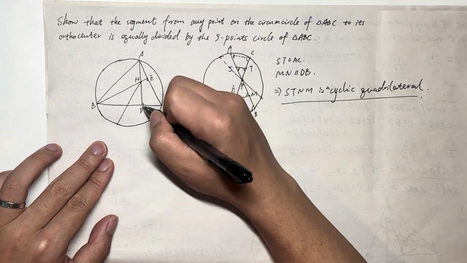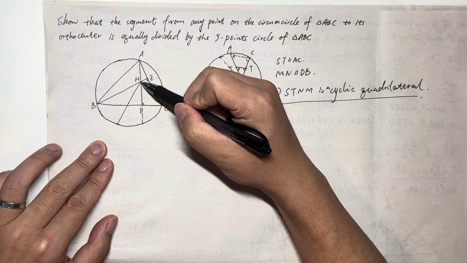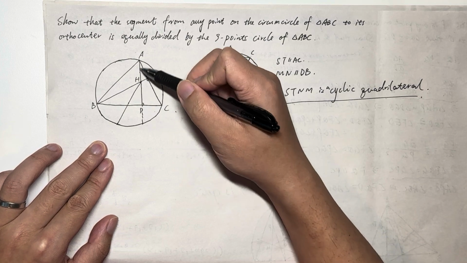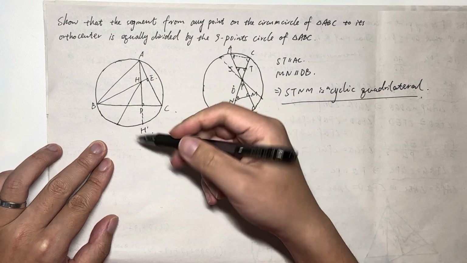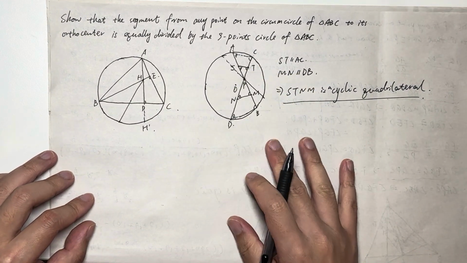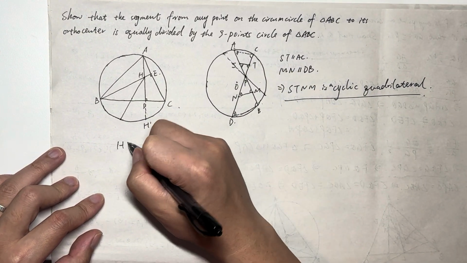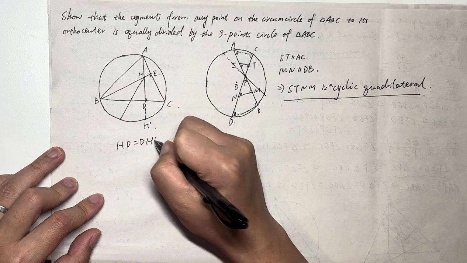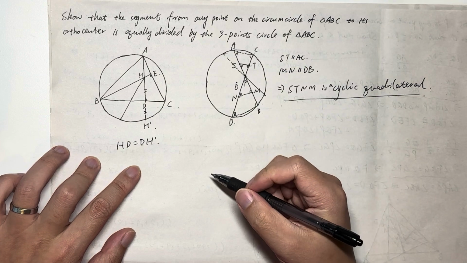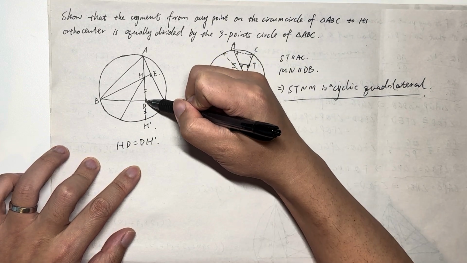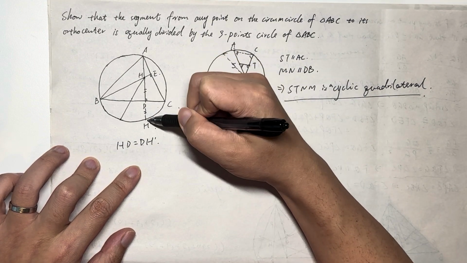And we already know that if we connect H and extend AD to, for example, H prime, we already proved in a previous video, several times, that HD equals DH prime. So D is the midpoint from H to H prime.